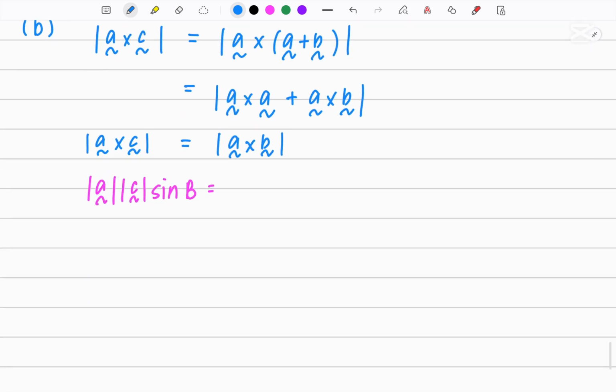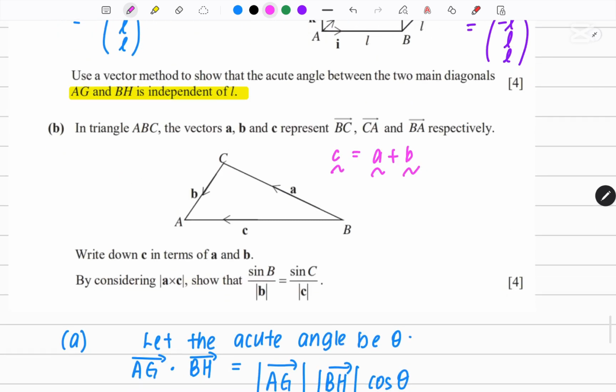Because for the next portion, here you'll get modulus A, modulus B, sine of an angle, right? But as you can see here, vectors A and B, they are not really converging to an angle or diverging away from the same angle.